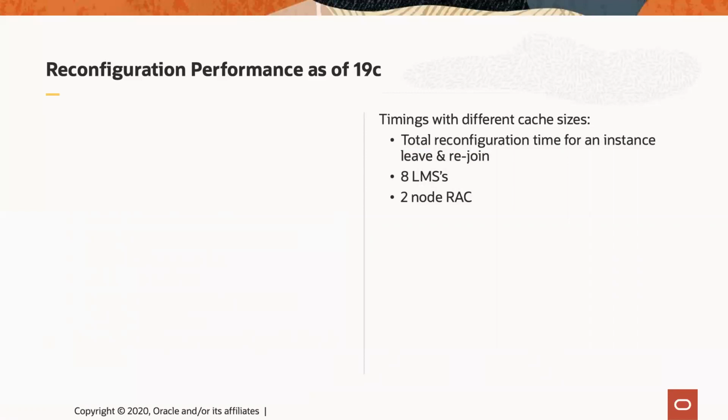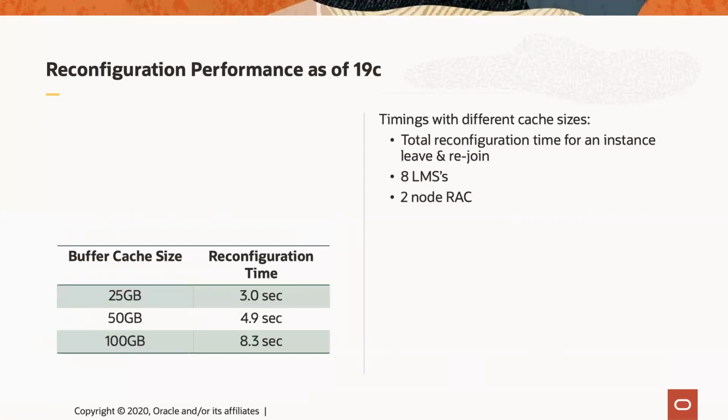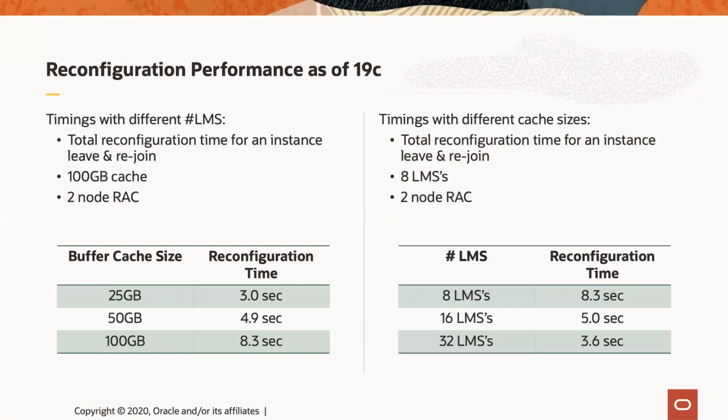Remember, a reconfiguration occurs because if you have 2 or 3 nodes running and one of the nodes is leaving the cluster, the other nodes have to make sure that all the changes in the node that was just evicted have been committed. With 25 gig, we take 3 seconds, and with 100 gig, about 8 seconds. So with 4x more buffer cache, we have curtailed reconfiguration time to less than 3 times.